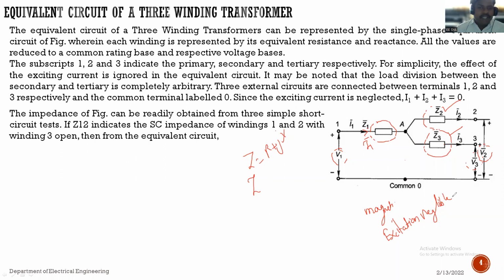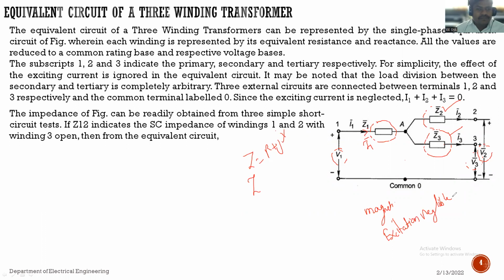Okay, so in the equivalent circuit, it may be noted that the load division between the secondary and tertiary is completely arbitrary, and three external circuits are connected between terminals 1, 2 and 3 respectively.